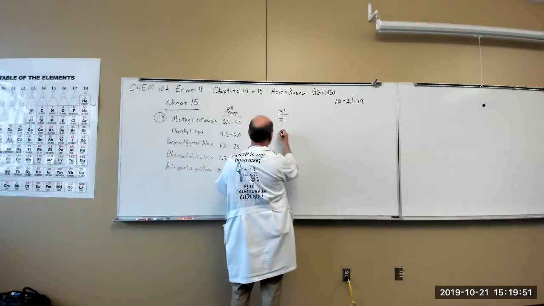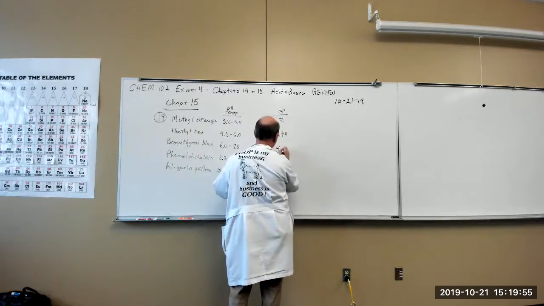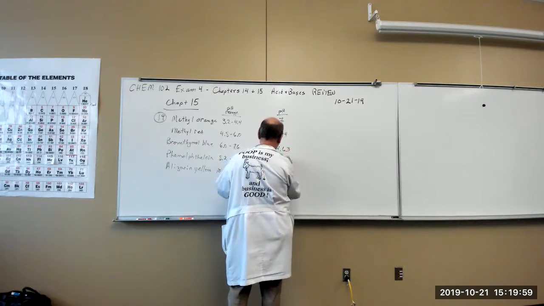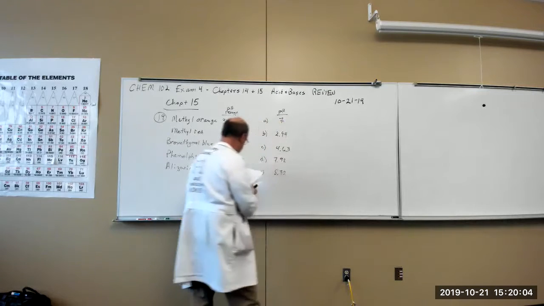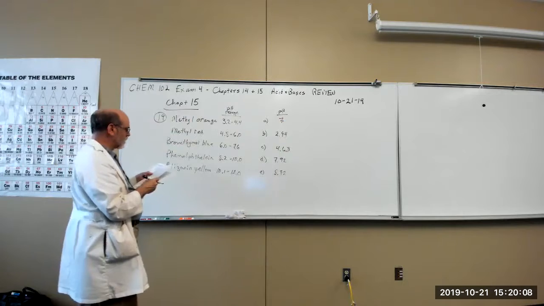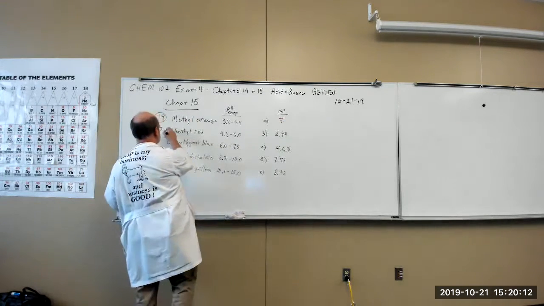This one is equivalence at 2.94. This one at 4.63. This one at 7.92. And this one at 8.72. Now the question is, for which of the following reactions would methyl red be the best choice?